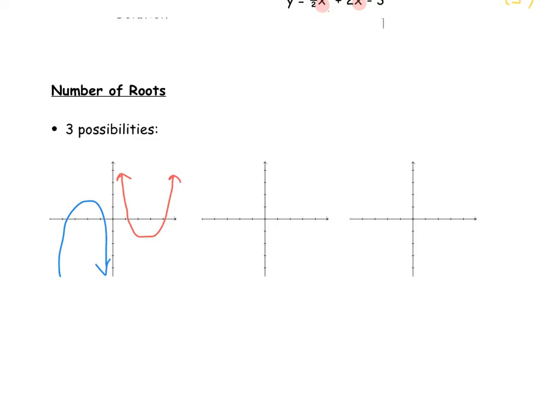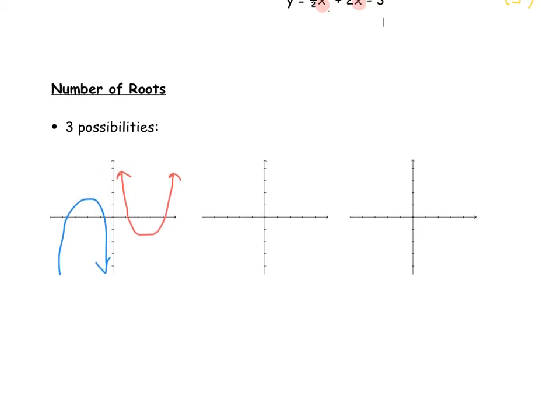But in either case, I have 2 distinct roots. And I can see that right here and right here, and likewise right here and right here. So in each of these parabolas, I have 2 distinct roots.